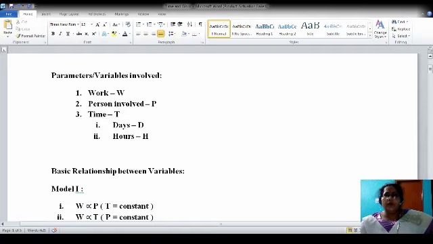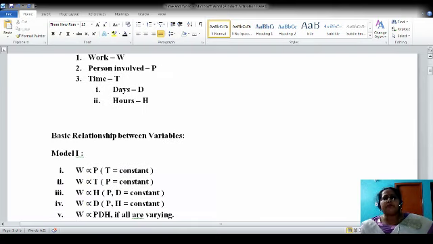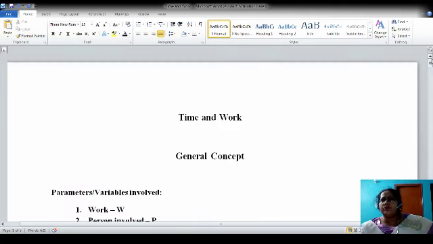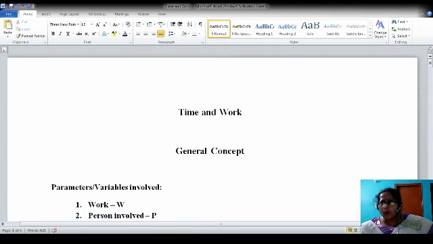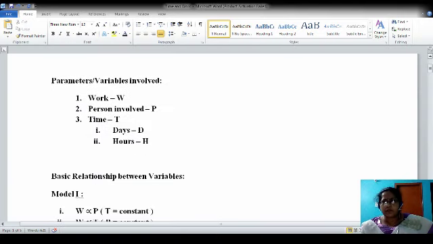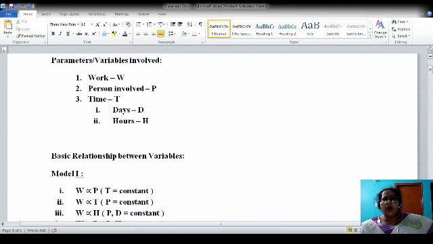Now when we talk about these relationships, I will categorize them into different kinds of models depending on how the relation is involved. So for the first model, I look into the relation of work with the other parameters. First, work is directly proportional to the number of persons involved when the time is constant.